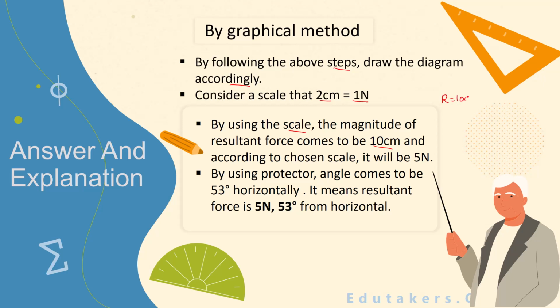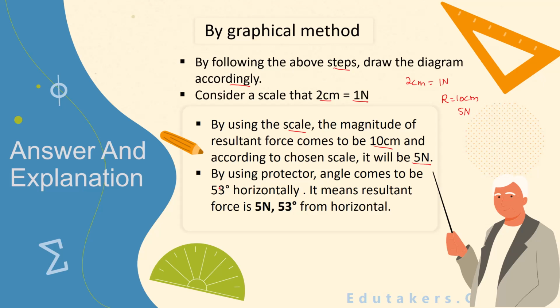R is equal to 10 cm. So this is the magnitude. According to the chosen scale, as 2 cm is equal to 1 Newton, how many newtons are in 10 cm? It would be of course 5 Newton. You just divide it by 2. It means that the resultant force is 5 Newton.